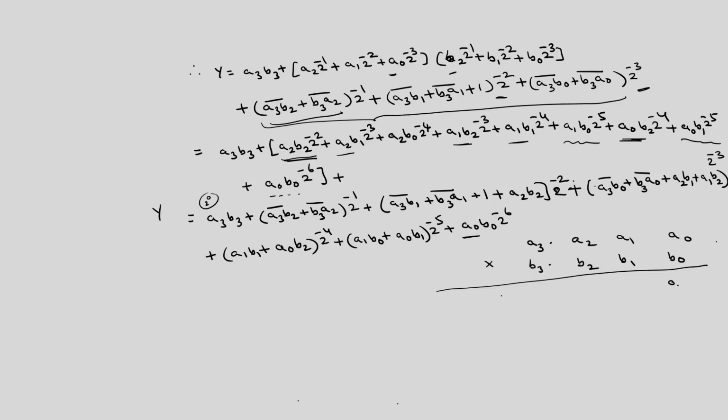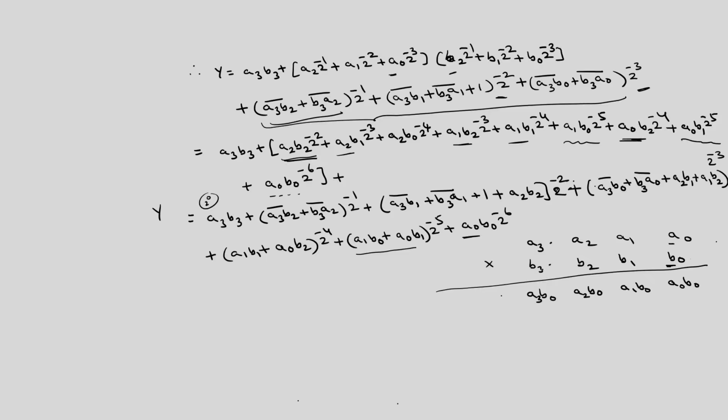It is a0 b0, which is simply p0. And 2 raised to the power of minus 5 has two terms, one is a1 b0 and the other a0 b1. Multiplying, you get the ordinary multiplication: a0 b0, a1 b0, a2 b0, a3 b0.